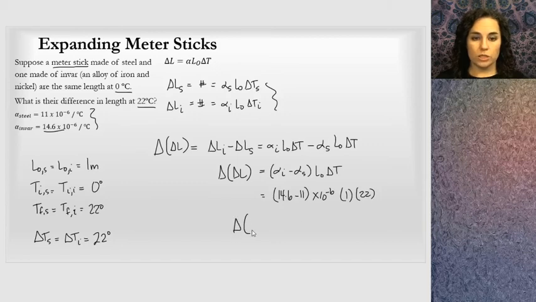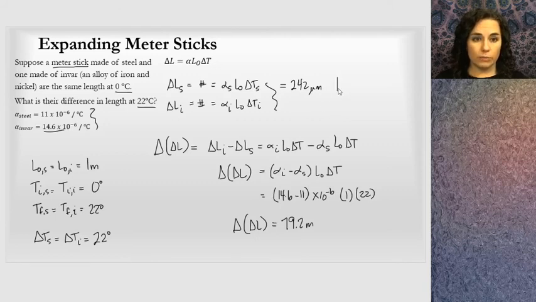So the difference in their lengths, the changes in their lengths, is going to be 79.2 micrometers. If you wanted to double check, the expansion of the steel is 242 micrometers.